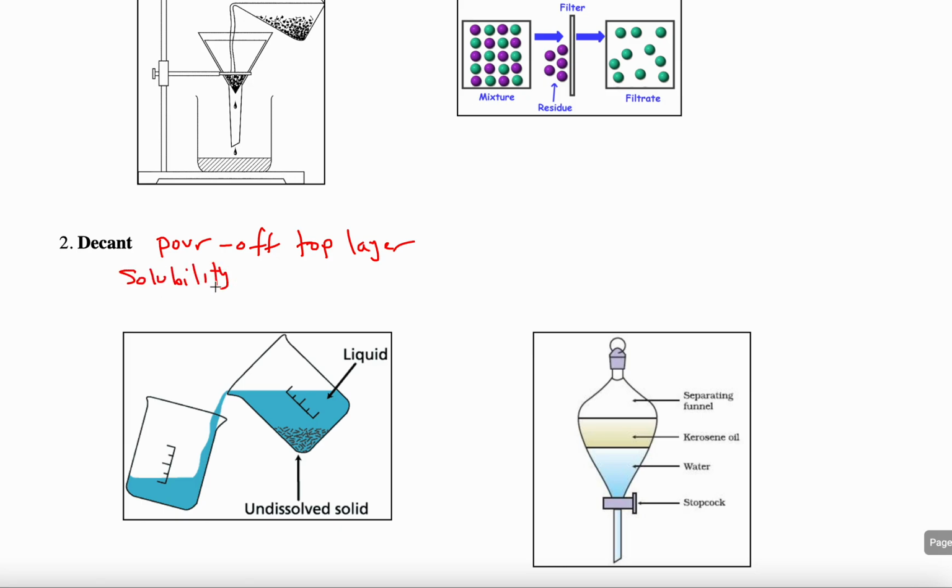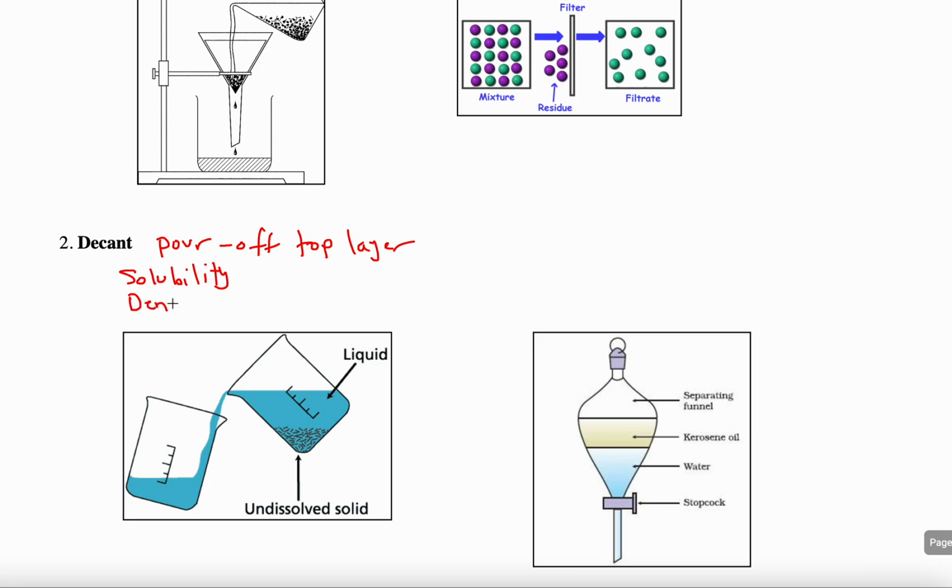So what portions of the mixture are in what looks like a liquid or solution? So some things are dissolved and they stay with the liquid. And then you have other particulates that tend to be undissolved, and there's a natural layer separation.